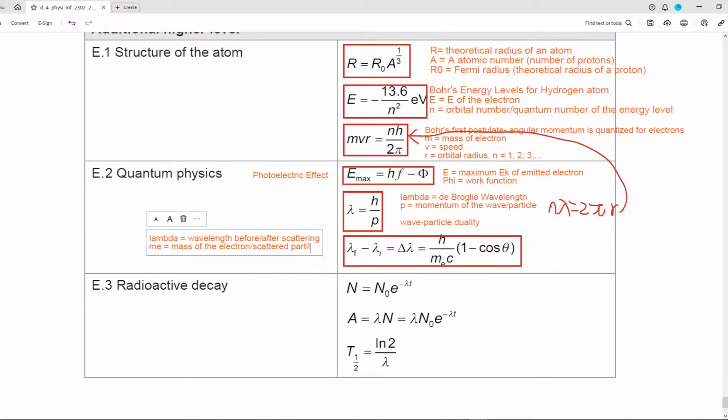It usually has mass though: electron, proton, not a quark. You cannot isolate a quark, but it will be something like an electron, proton, or something small. c is the speed of light, and the angle is the scatter angle of the photon. I should say wavelengths of the photon.